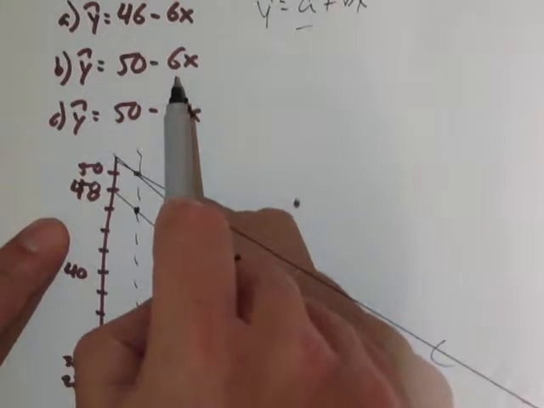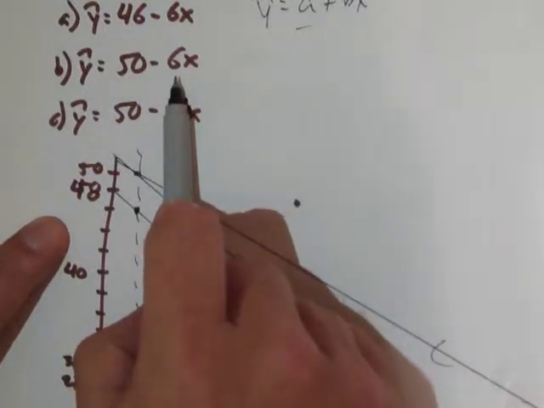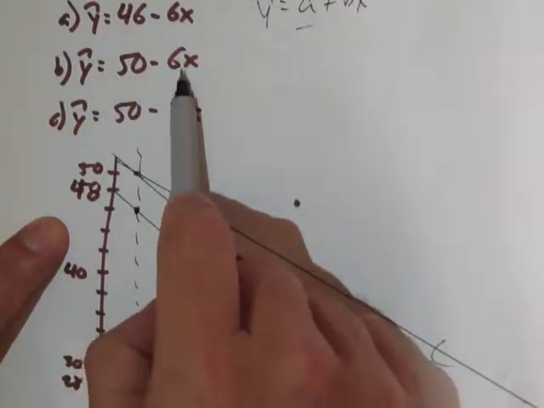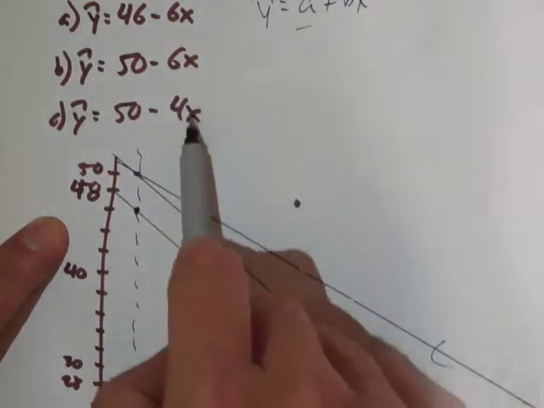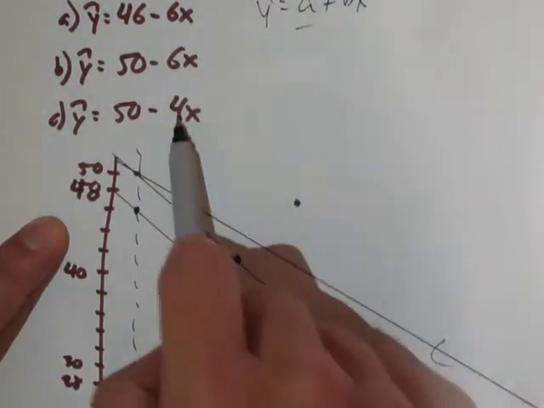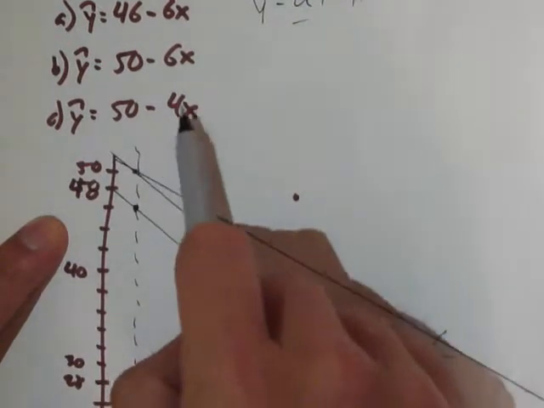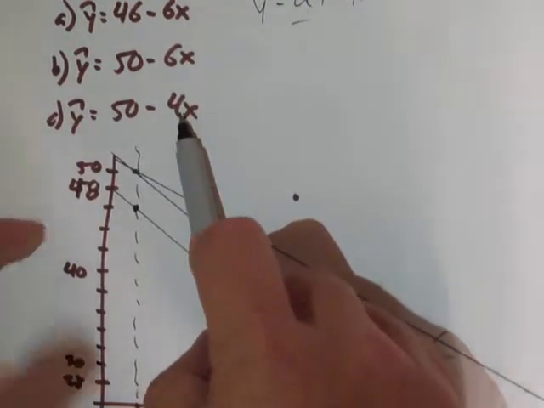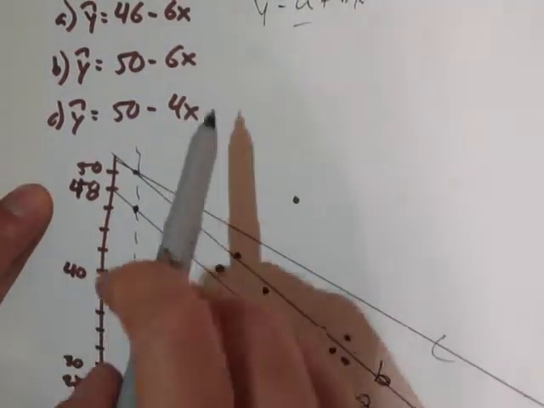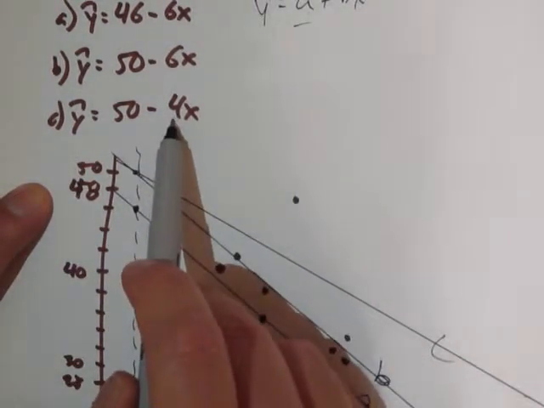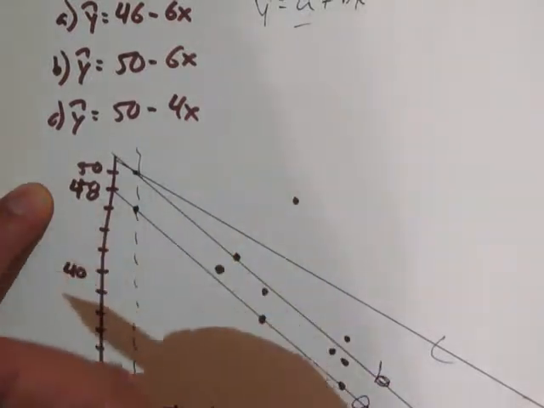So this number is going to get smaller faster, because every time I increase by 1, I take away $6. For this one, I increase by 1, I only take away $4. So this one doesn't get so small so fast as we increase the x value.